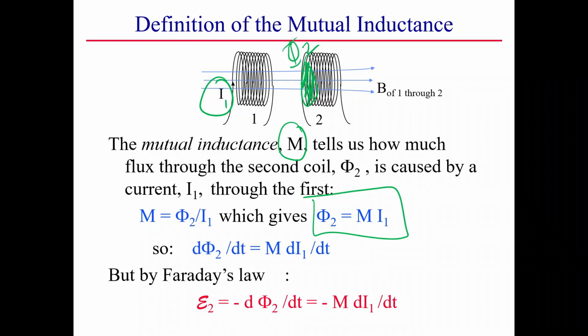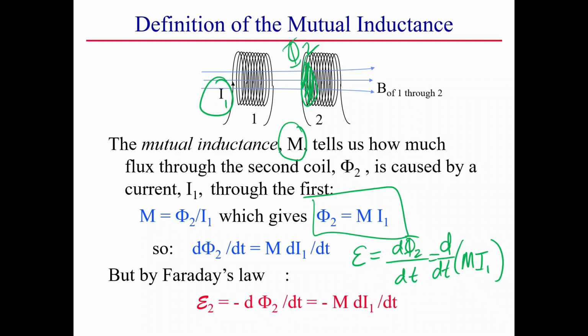And because we know that it's the rate of change of flux that causes our induced EMF, as that flux changes over time, your induced EMF with Faraday's law has a magnitude of d flux 2 dt, but d flux 2 dt is going to be d dt of M times I1.